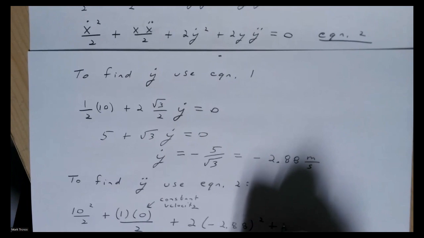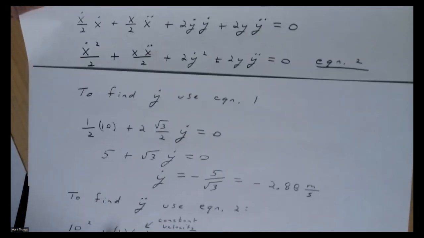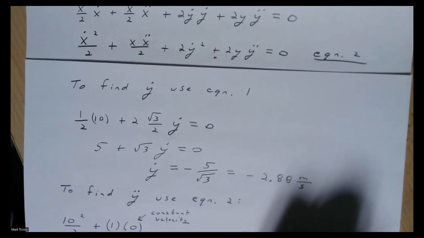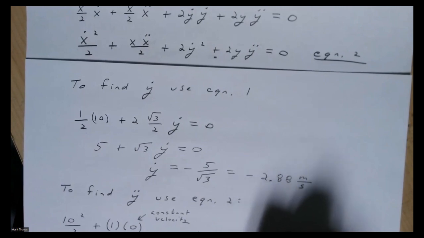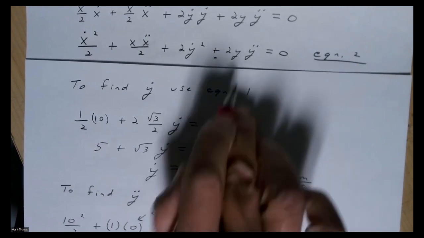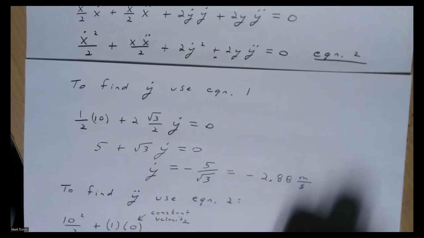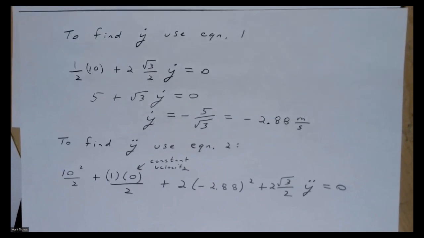And we found y a minute ago to be square root of 3 over 2. And that's times 2. We put that in here. And then times y double dot, that's what we were trying to find.